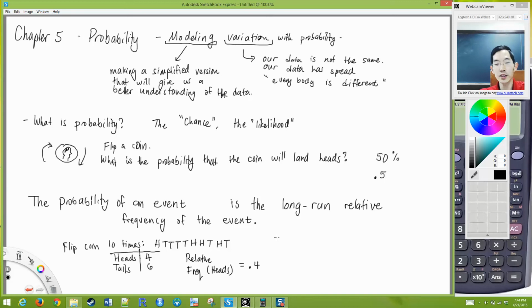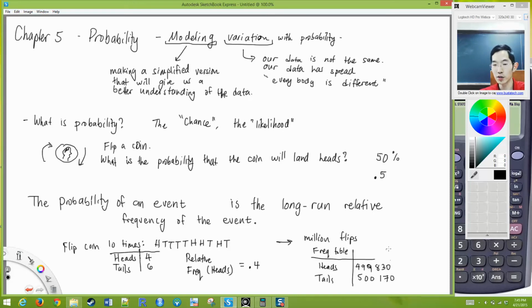What if I did 1,000,000 flips? Let's do 1,000,000 flips. Well, my frequency table might look something like this. Heads and tails. I'm going to have a lot of heads and a lot of tails. So maybe I have 499,830 heads, and I would have 501,170 tails or something like that.